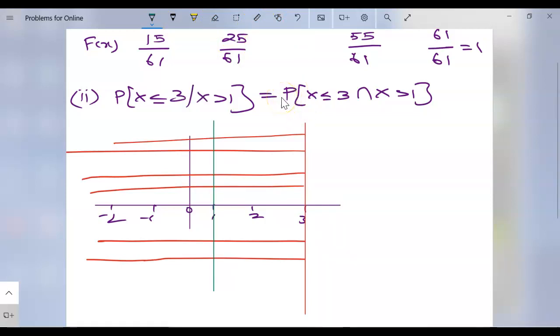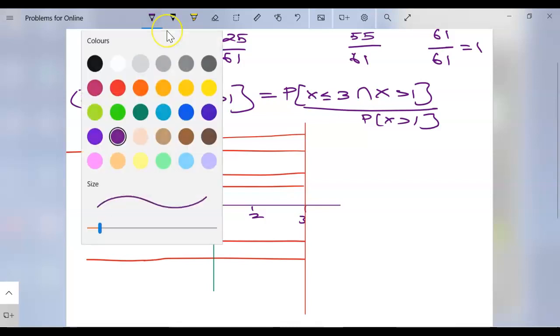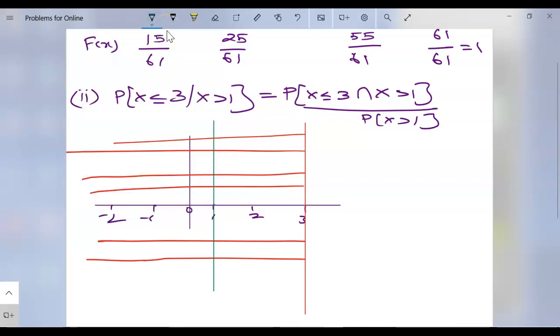One thing I have to do here is divide by probability of x more than 1, as per the rule. I forgot to write it, so just remember. Now, x more than 1 means this side, but 1 is not included.